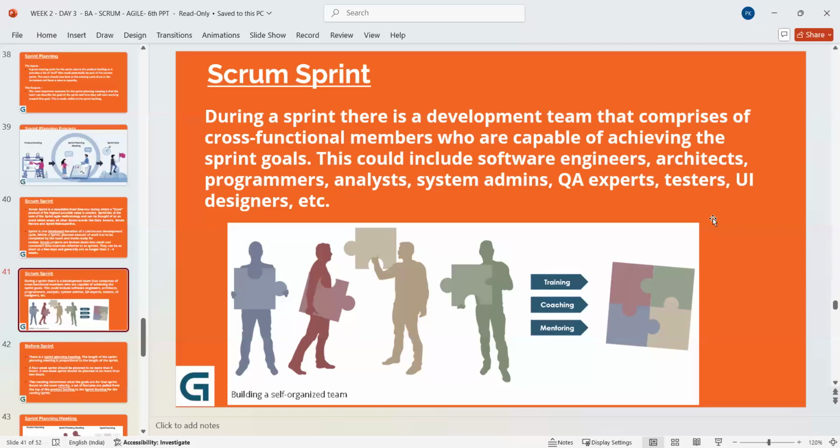So basically, what it says is that during this sprint, the team members, I'll come to that, they're called cross functional, but I'm just saying team members are striving and working to achieve the sprint goal. Now there is an adjective given to these members, that is cross functional, right?